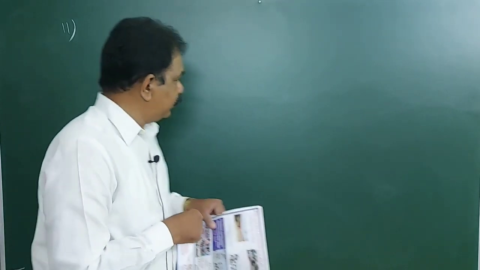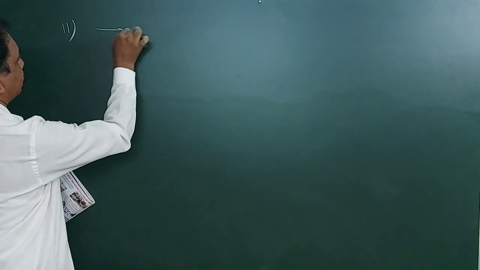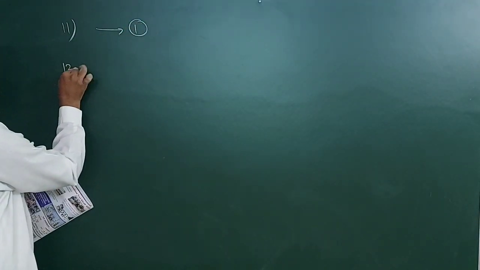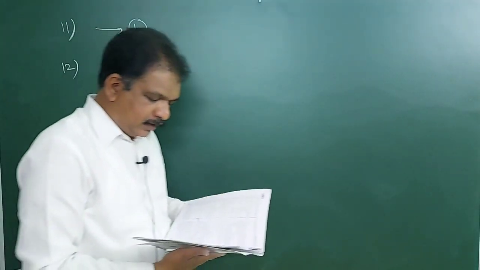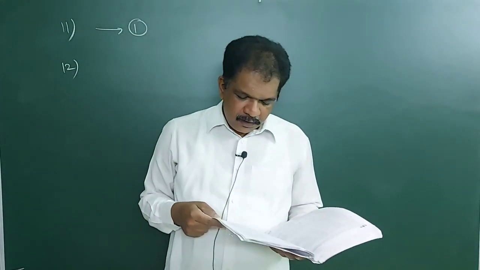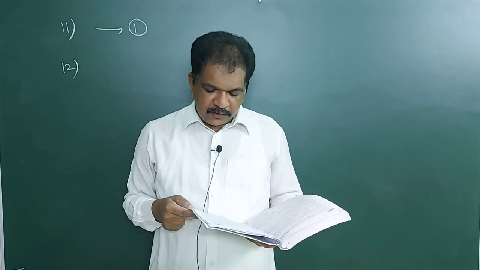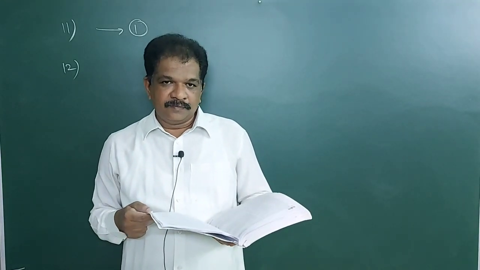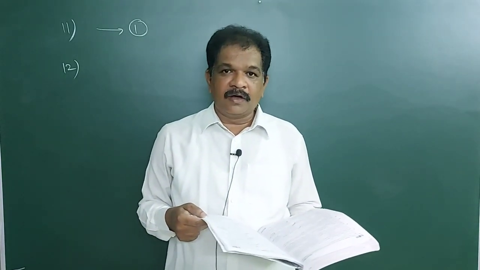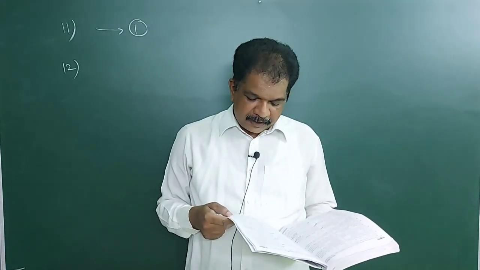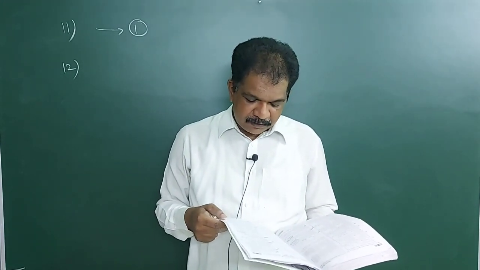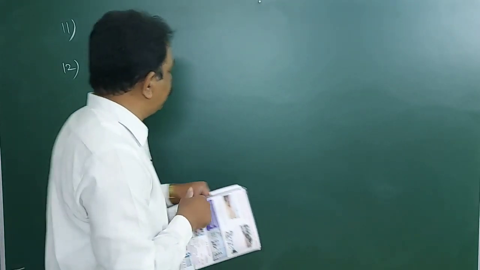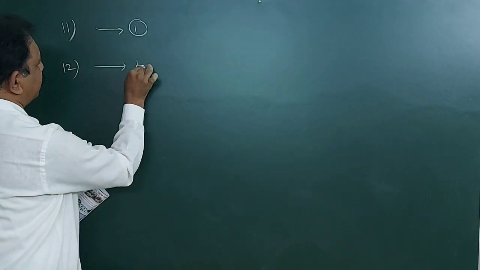So 11th it will be first option. See the 12th. When transistor used as an amplifier, emitter base junction will be forward biased, collector base junction will be reverse biased. So 12th it will be fourth option.